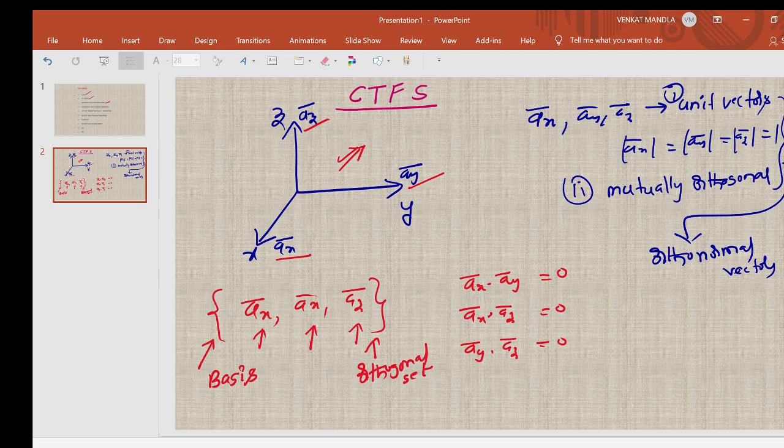I have three vectors, equal to the dimension of the vector space. Then this set is called a basis, and these vectors are called basis vectors.